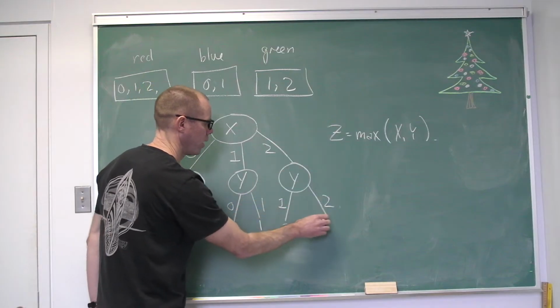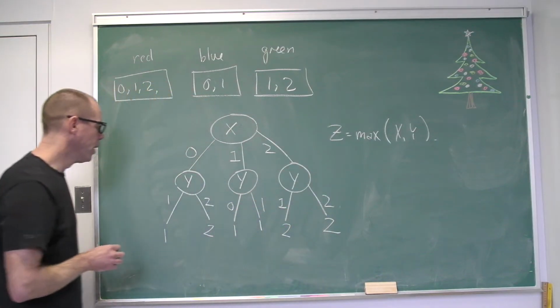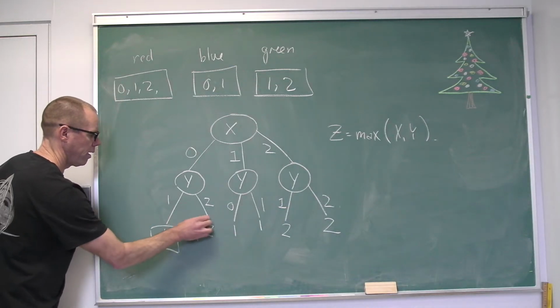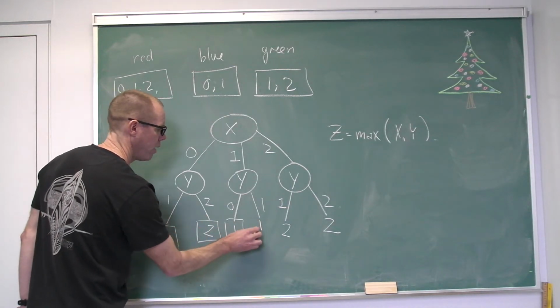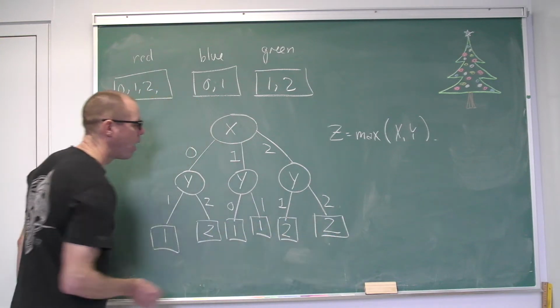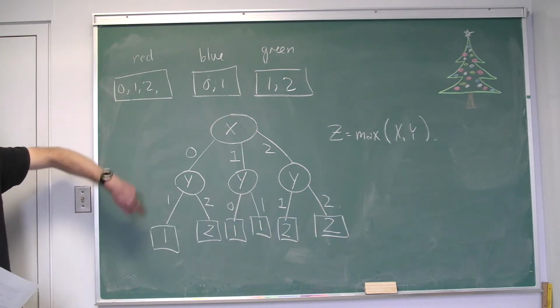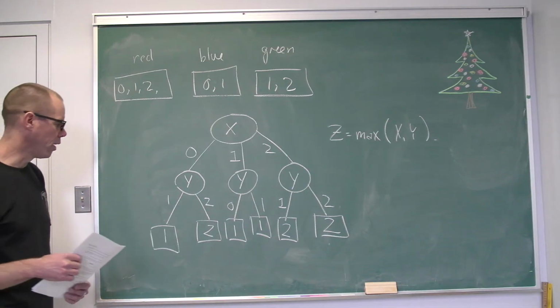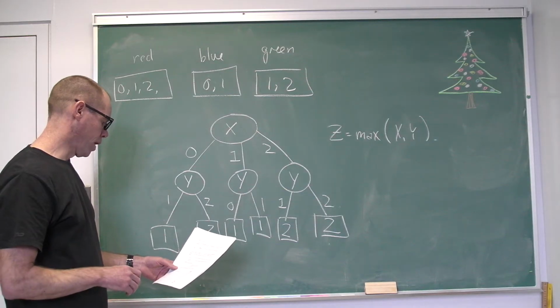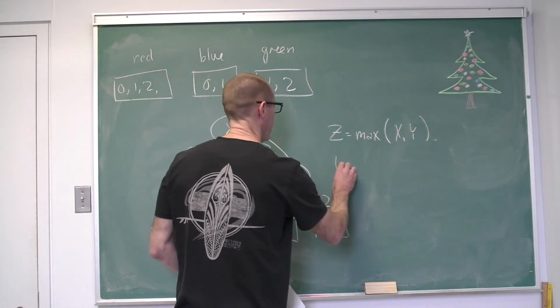X equals 2, y equals 2, the max is 2. So these are all the possible outcomes, and down here at the leaves of this tree are the values of z for each of the possible executions. And the question asks, what's the expected value of z?